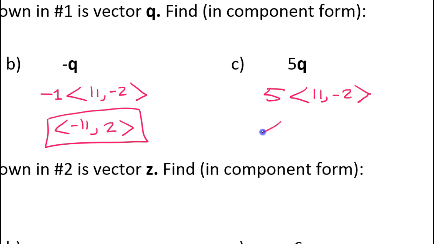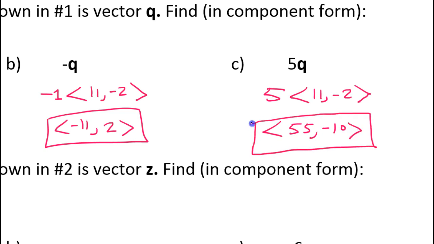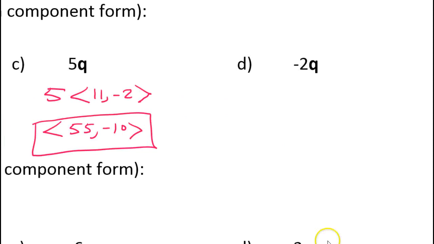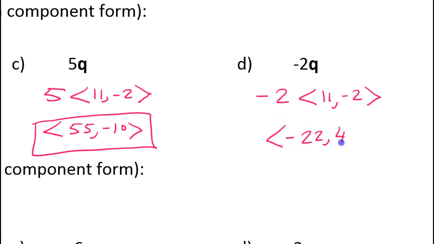So that's just going to be 55 comma negative 10. Very simple. And if I have negative 2 times vector q, that's going to give us negative 22 comma positive 4.